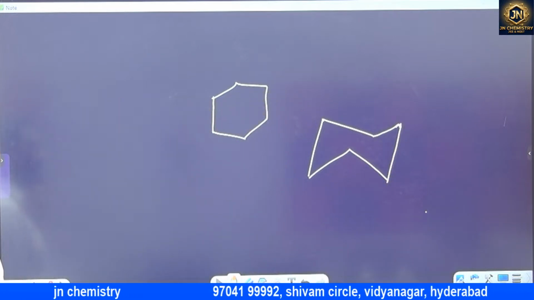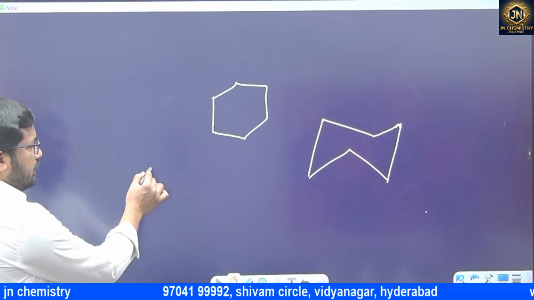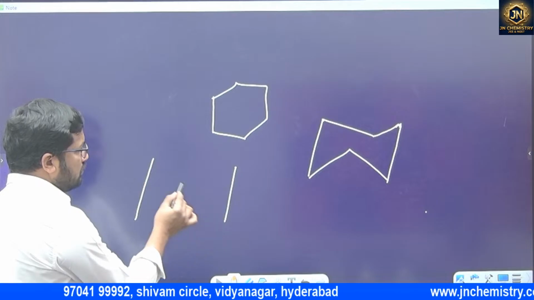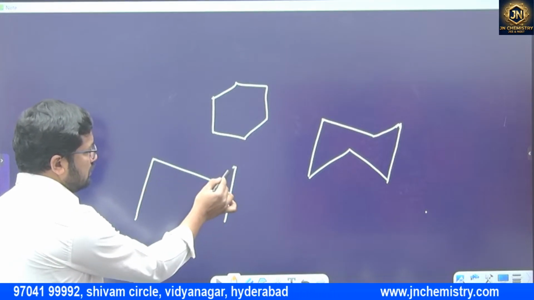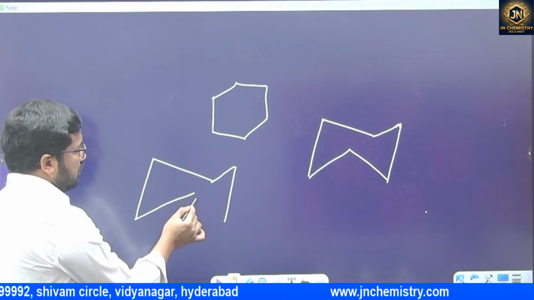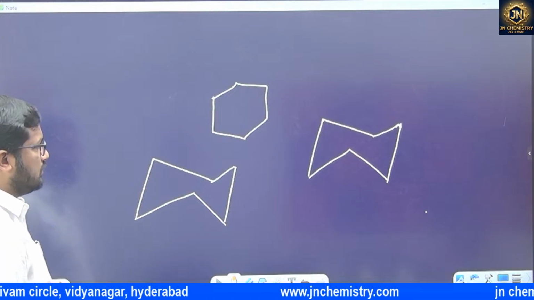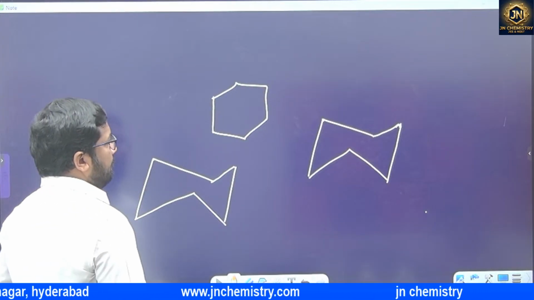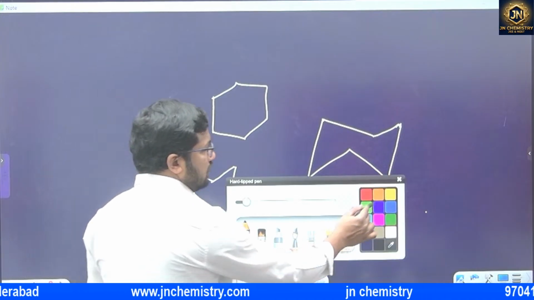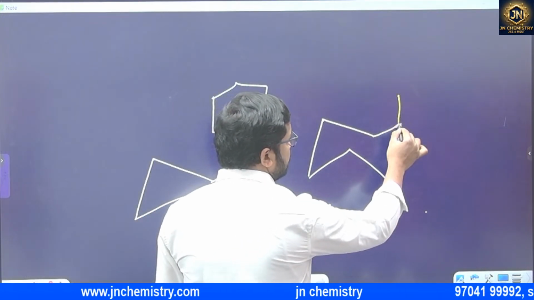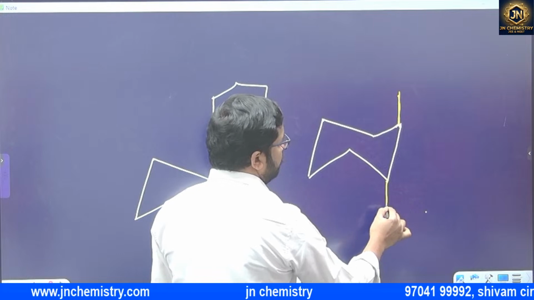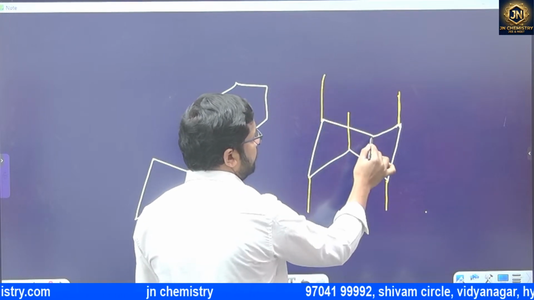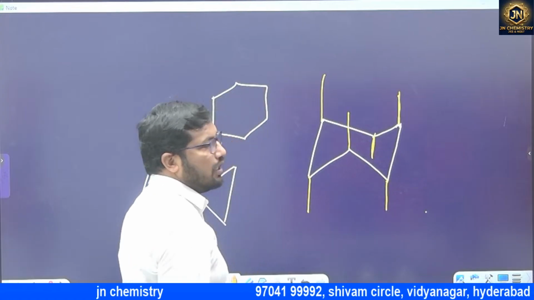So how should I write it? First one slant line, then one more here, then here. Now try to understand. This is above, below, above, below, above, below. All are axial.